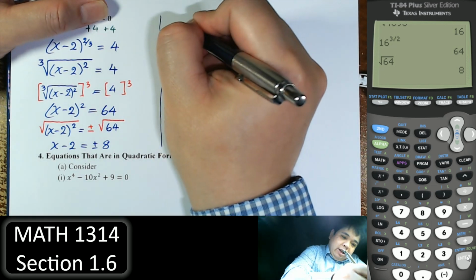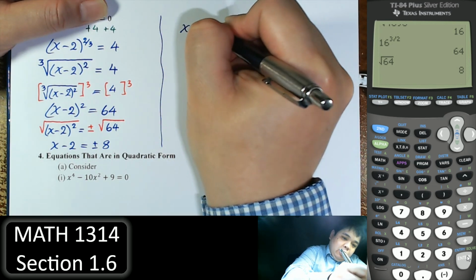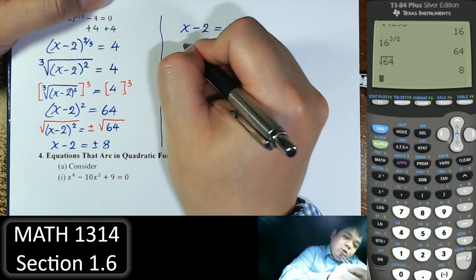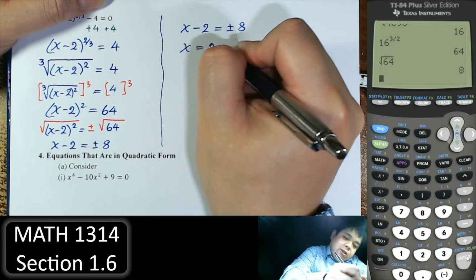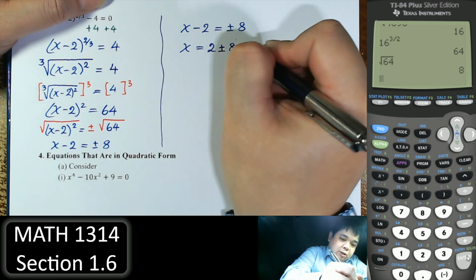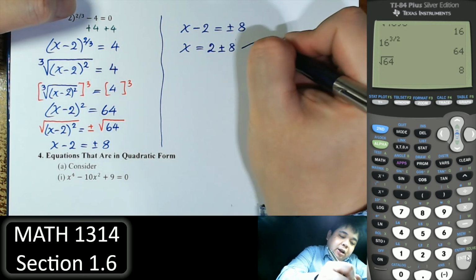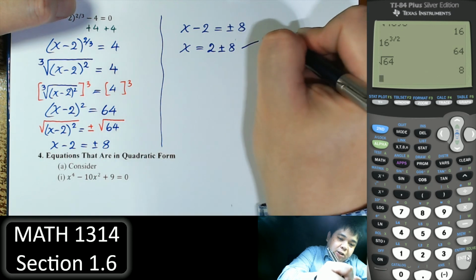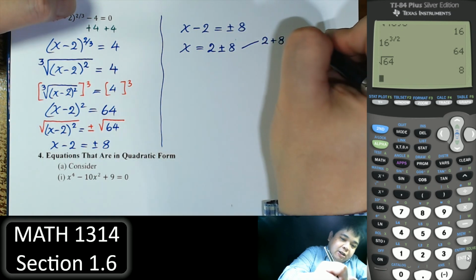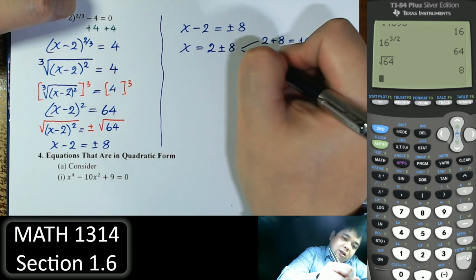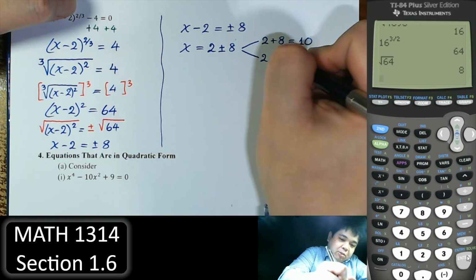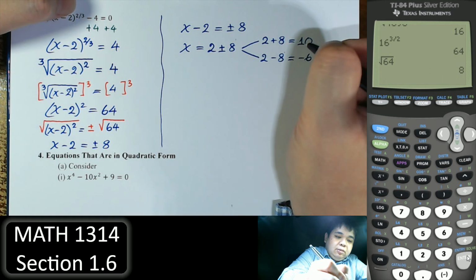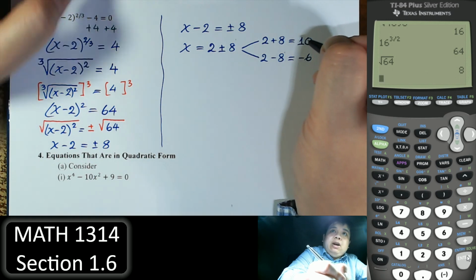So we have x minus 2 equal to plus or minus 8, plus 2 on both sides. The plus gives us 10, and the minus 8 gives us minus 6. Right?